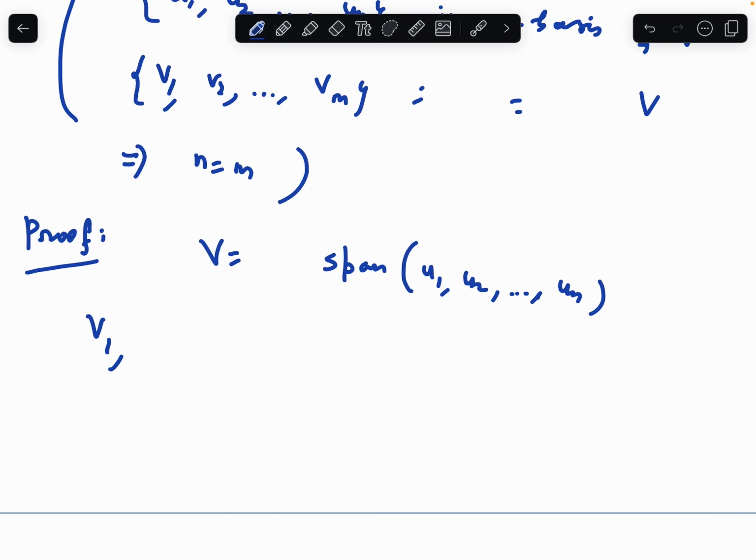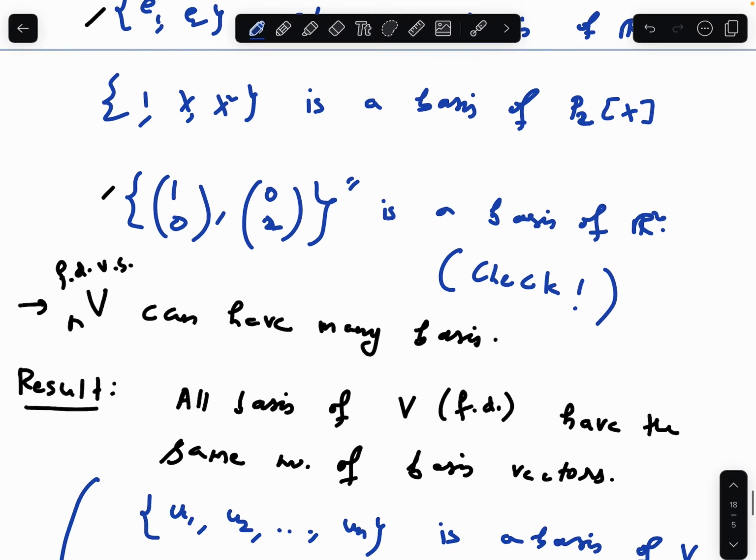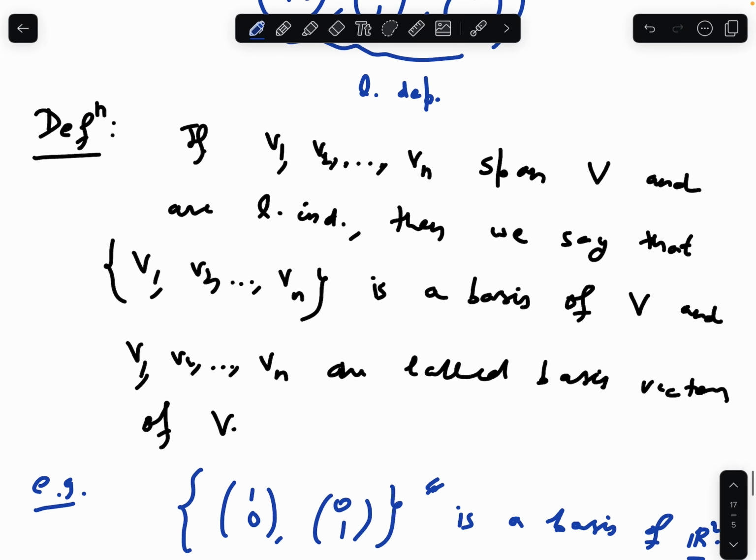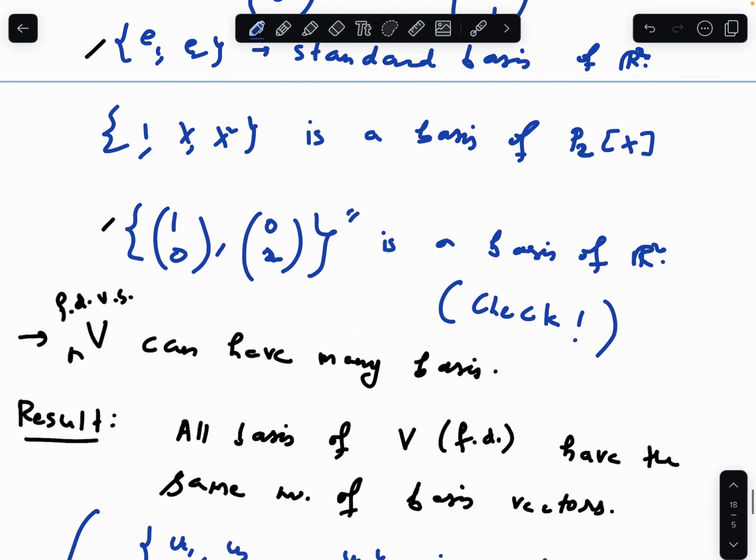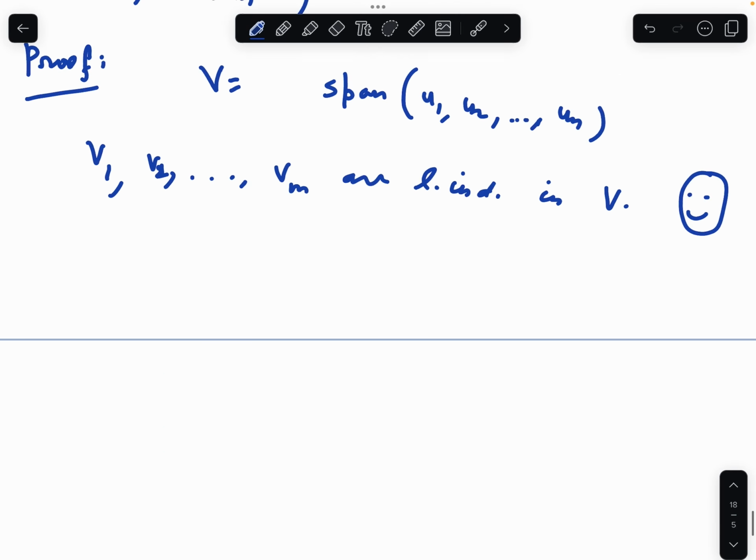That is, V1, V2, ..., Vm are linearly independent in V, by the definition of basis. What is the meaning of basis? It means span and linearly independent as well.